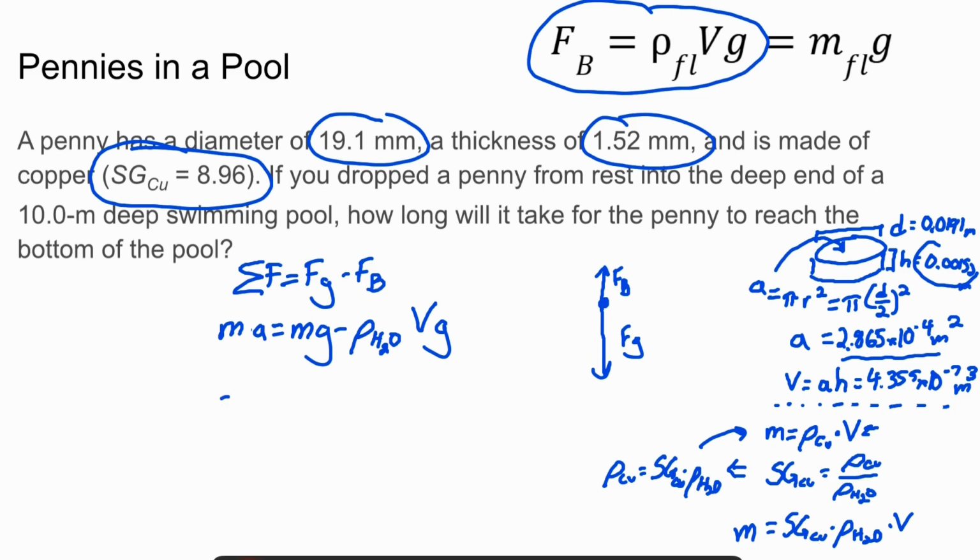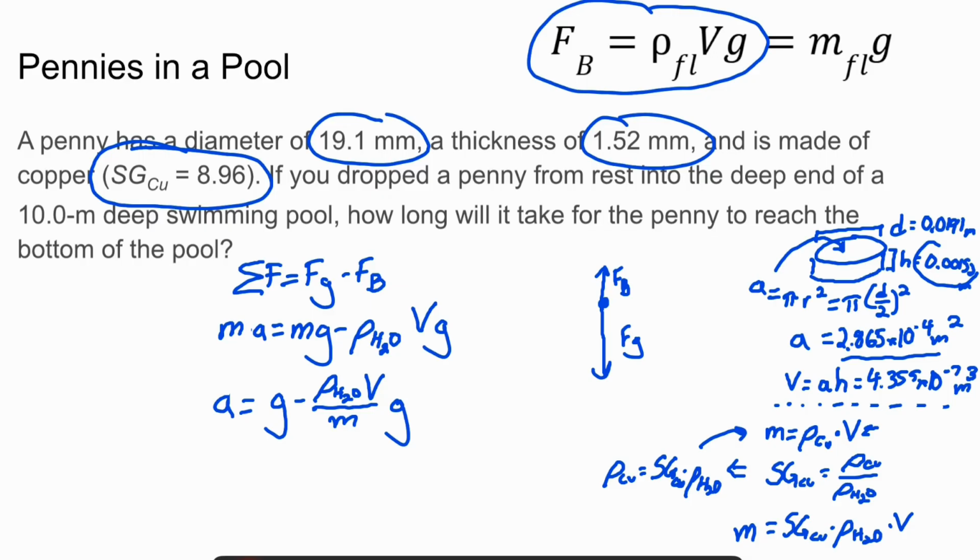And if we want to solve for acceleration, we divide everything by mass. And so mg divided by mass would just be g, minus our density of H2O times the volume the penny occupies times g, divided by the mass of the penny.